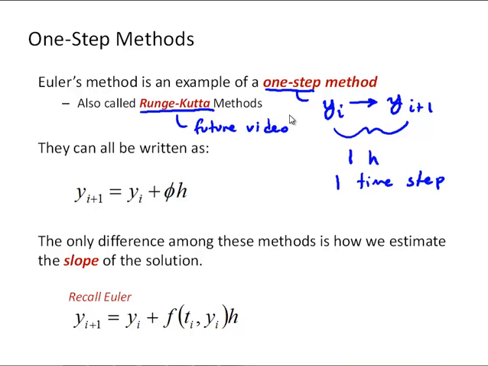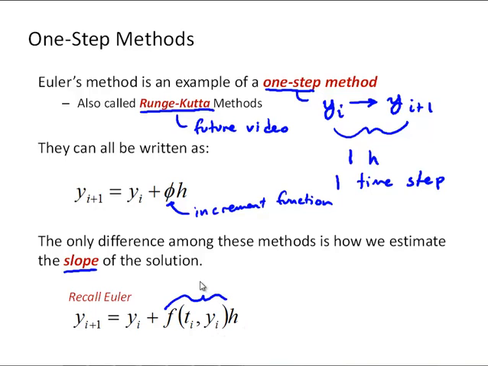All of the one-step methods can be written in the general form where yi plus 1 is equal to yi plus phi times h, where we'll call phi the increment function. And it may be one or more mathematical equations to determine how we estimate the slope of the function from one step to the next. So recall Euler's method, yi plus 1 is equal to yi plus f of ti, yi times h.